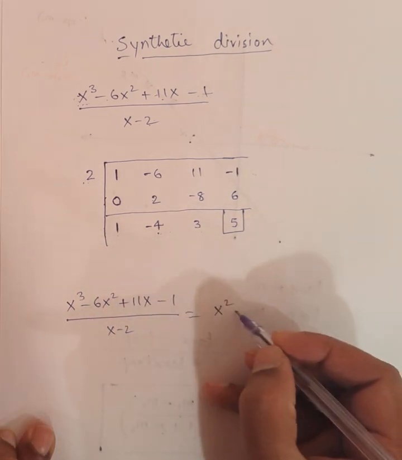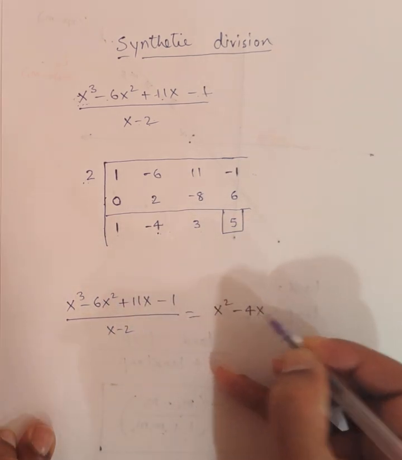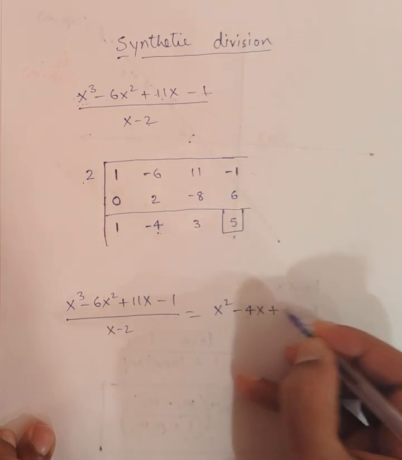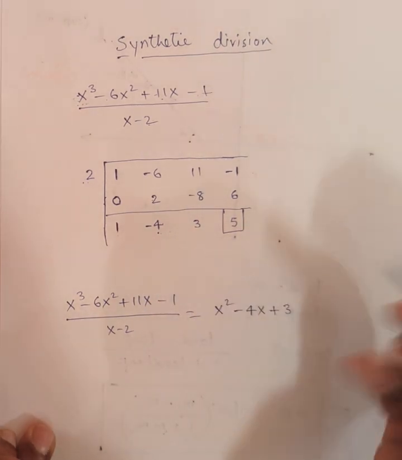Then the next coefficient is negative 4, so it would be negative 4x. Then the next coefficient is 3. And 5 is the remainder.